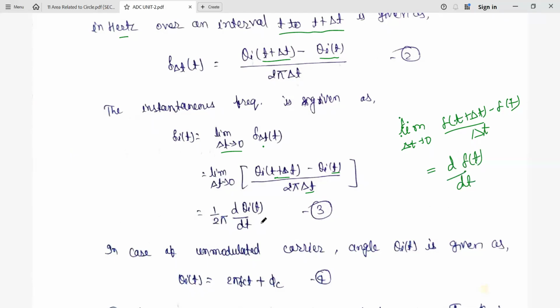So that's why we are having the value here. 2 pi is taken outside. So we have 1 by 2 pi d theta i of t by dt. That is the relation from the limit.